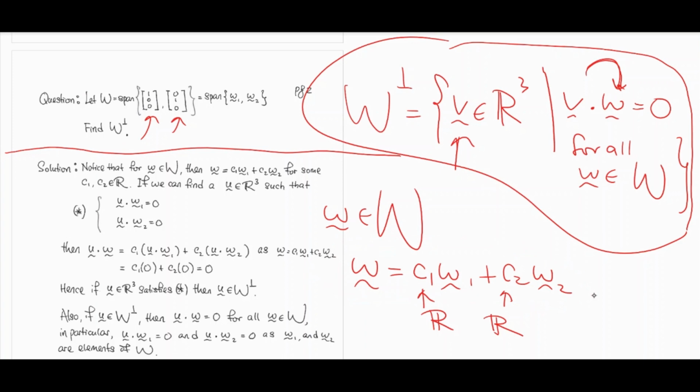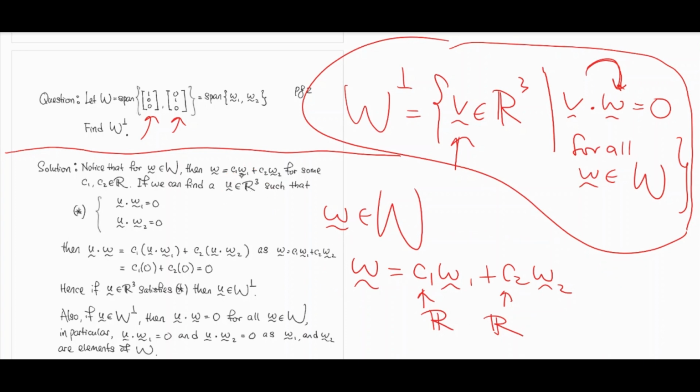Now I am claiming that if you have a vector u in R3 such that the dot products of u and w1 and of u and w2 are 0, then these vectors will definitely be orthogonal with vectors that look like this. This is pretty obvious actually. Let me say that again one more time.